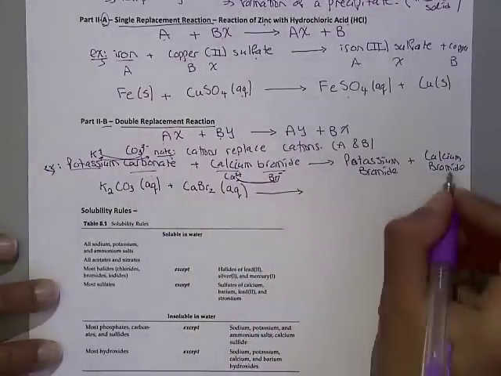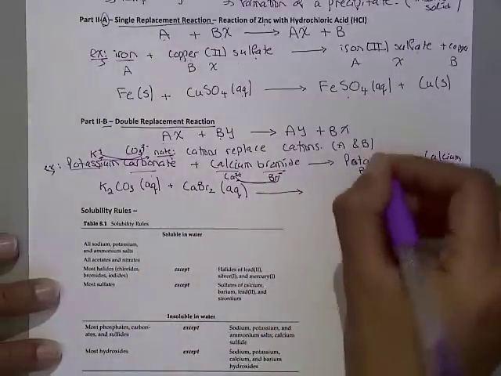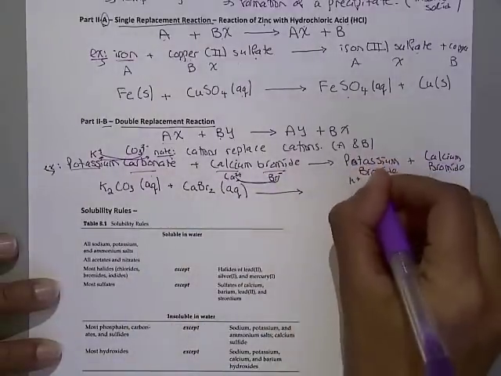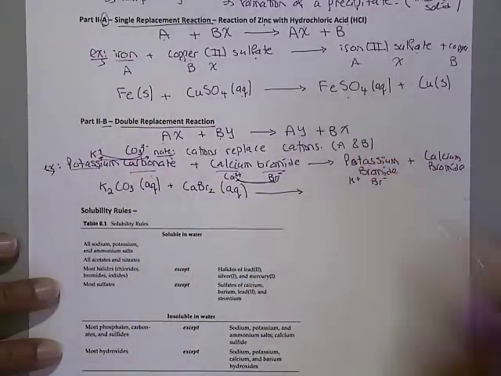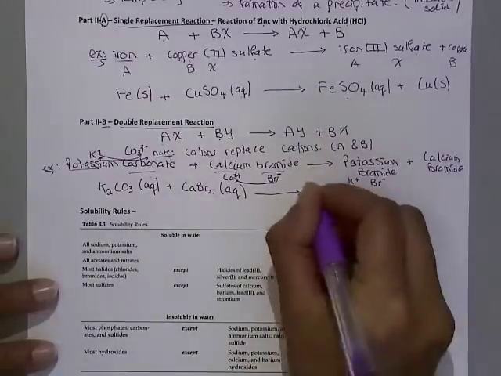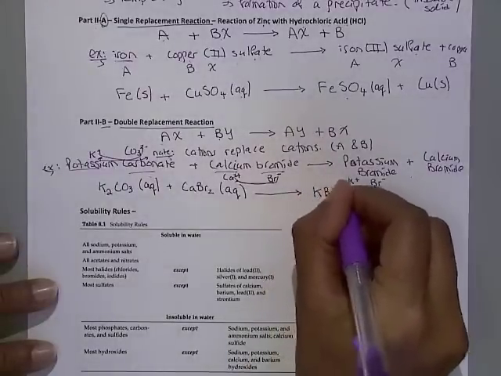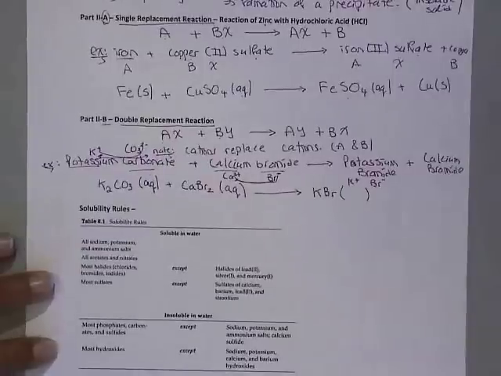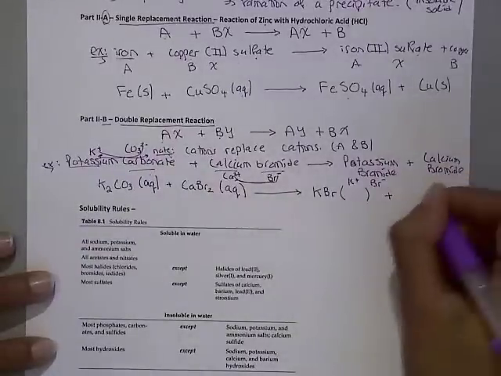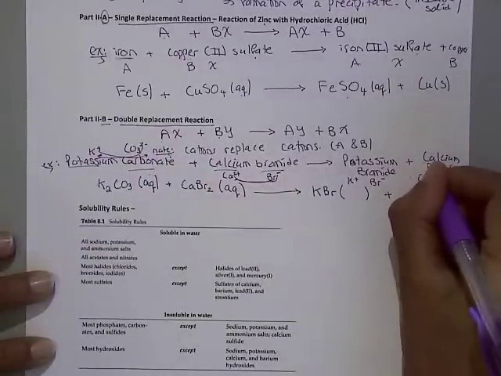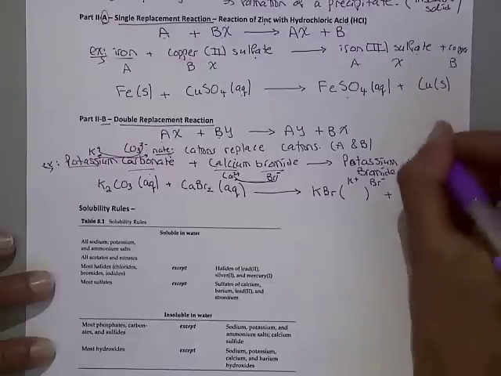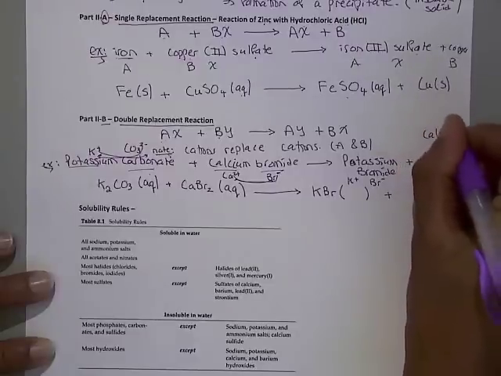Now I write out my products here. Potassium bromide, so I have K plus and Br minus, and do these steps slowly so that your chemical formulas are correct. I get KBr, I'm not sure what phase it's in, plus calcium carbonate.